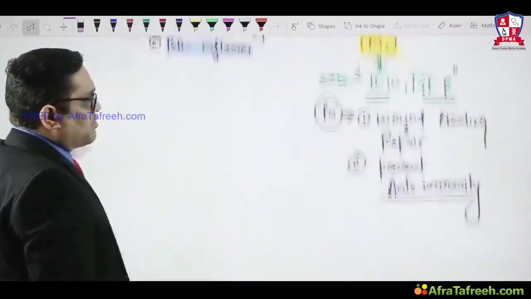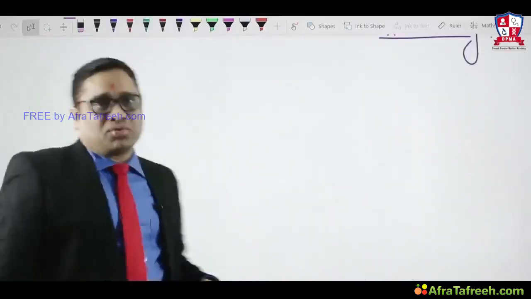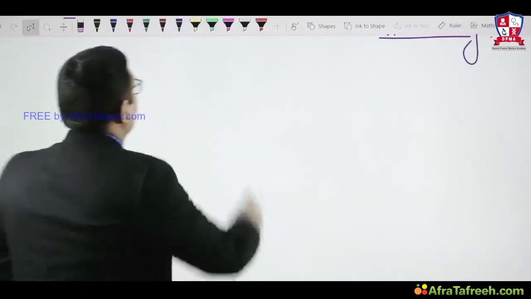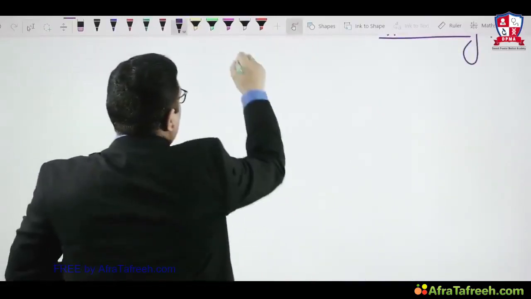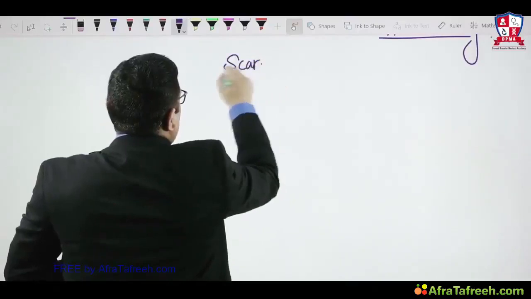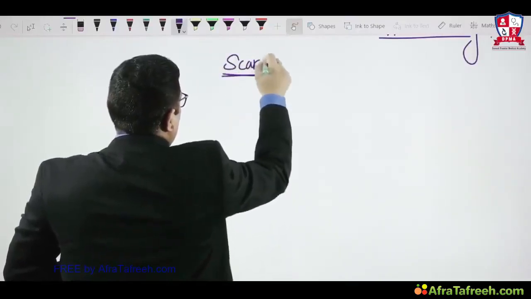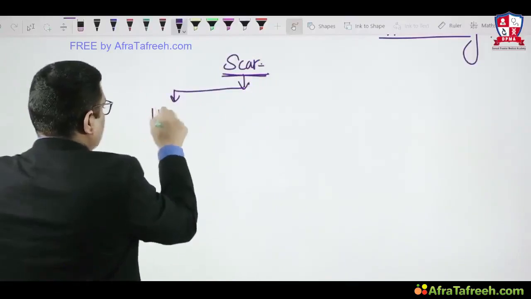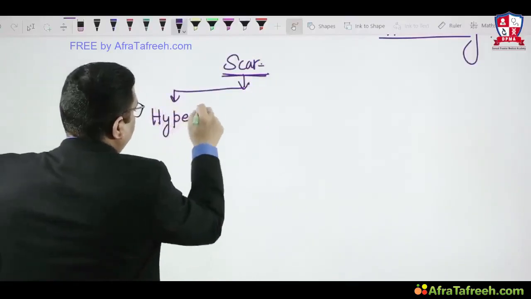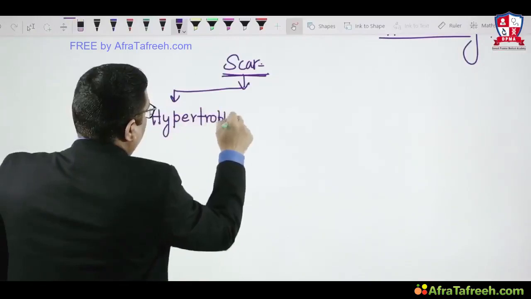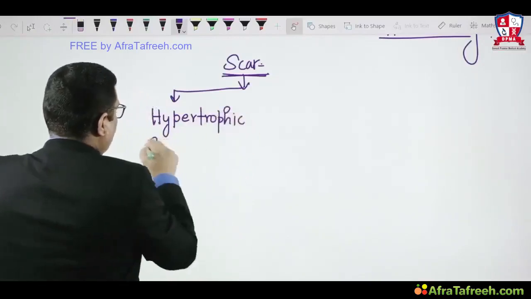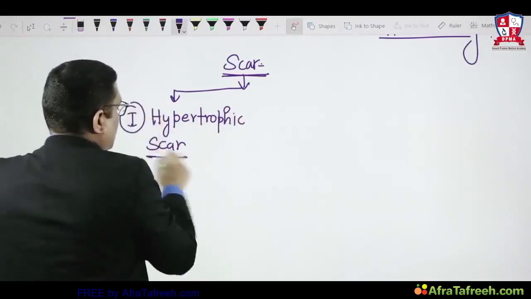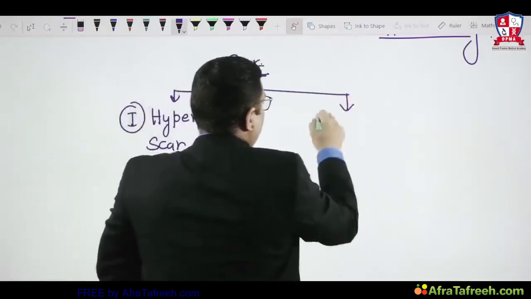When we were talking about scar tissue, as I have told you, scar tissue formation is a part of tissue remodeling. So scar tissue can be abnormal also. Scar tissue can be a hypertrophic scar, or it can be a keloid.